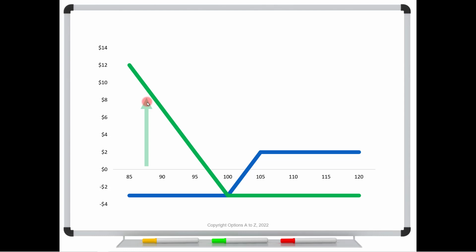That's the reason for the morph, or at least choosing the credit spread for the morph, is that we think that if the stock is going to change directions, you might want to lean towards the credit spread. On the other hand, if you think the stock might break through a level of resistance and continue in the same direction, then you might want to lean towards the debit spread.